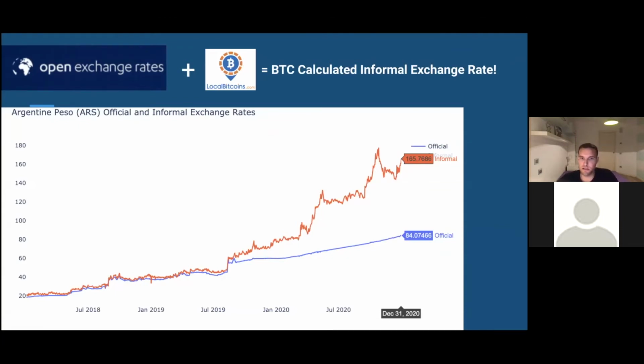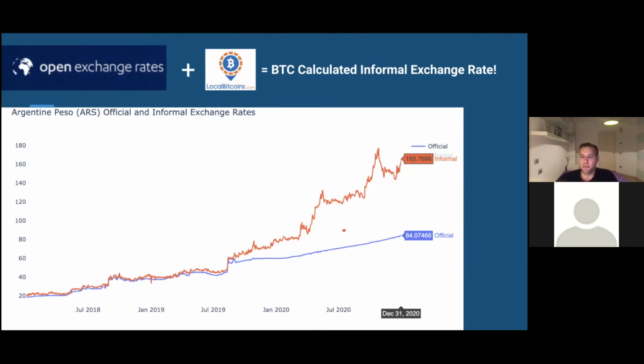To put it really simply, on December 31st of 2020, $1 could get you 84 pesos on the official exchange rate, but $1 worth of Bitcoin can actually get you 165 pesos. You can see that it's trending upward, diverging from the official rate over time. I can do this with any currency on Local Bitcoins, so I have this awesome dashboard getting ready now for all the currencies.